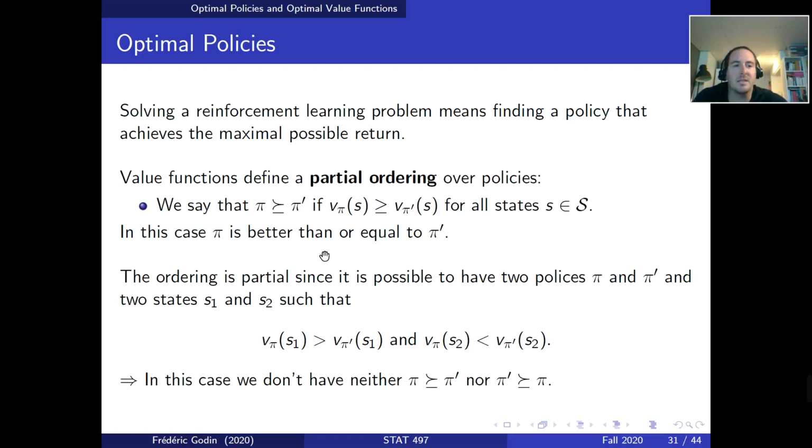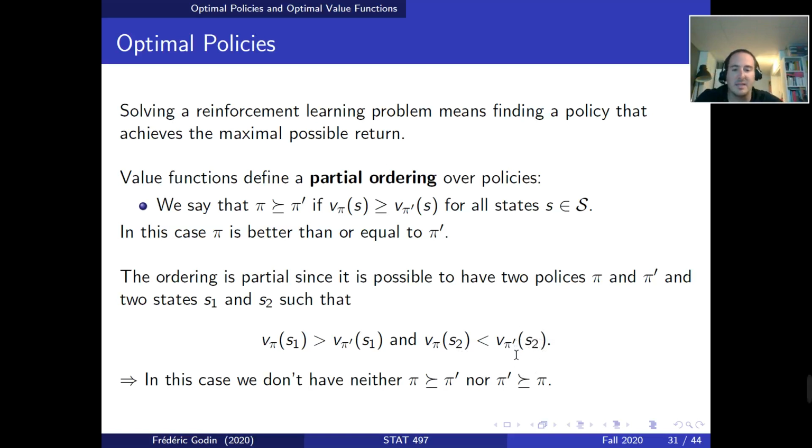So why do we say this is a partial ordering? Well, sometimes if we have two policies, it might not be possible to compare them with this ordering. For example, let's say we have two policies, pi and pi prime, and two states, S1 and S2, such that policy pi gives a higher value than policy pi prime for state S1, but we have the opposite relationship for state S2, where pi has a smaller value than pi prime.